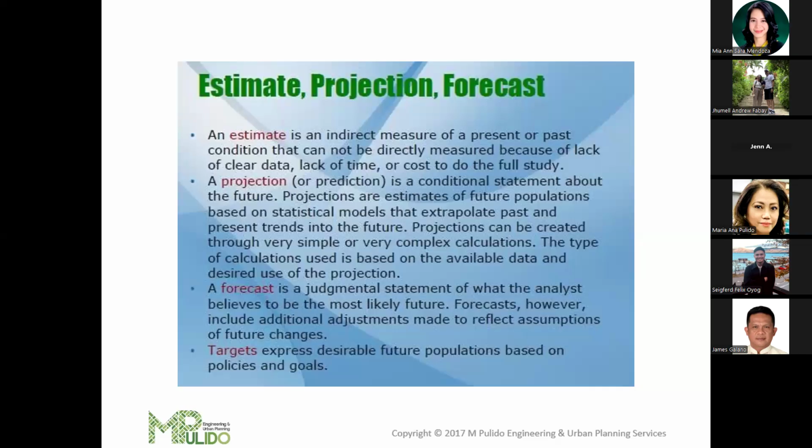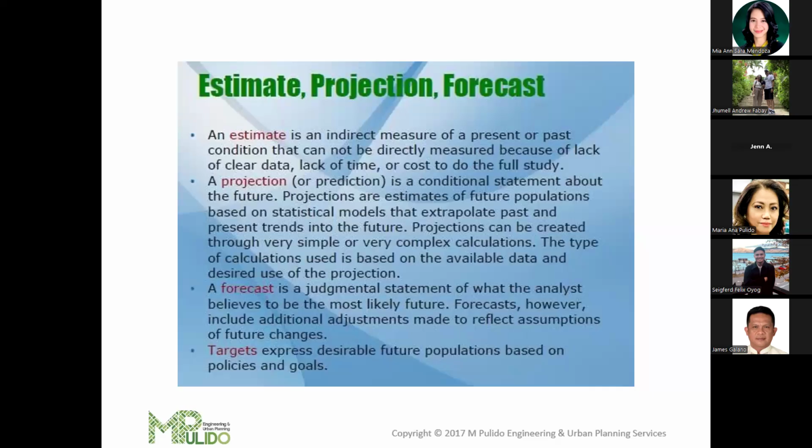And so the type of calculations used is based on the available data and is desired use of the projection. So what makes it distinct from forecast? My keyword din dito, a forecast is a judgmental statement. Conditional naman yung projection. So of what the analyst believes to be the most likely future.